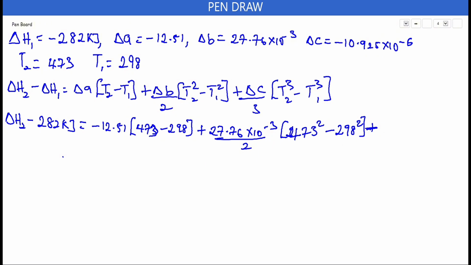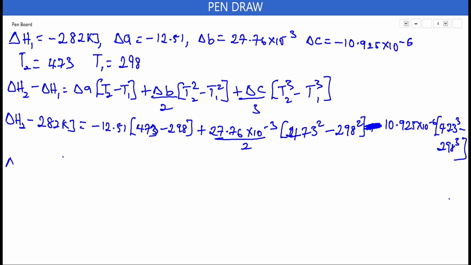Plus our change in C, which is going to be negative, 10.925 times 10 raised to minus 6, and then we open our bracket, 473 cubed minus 298 cubed.